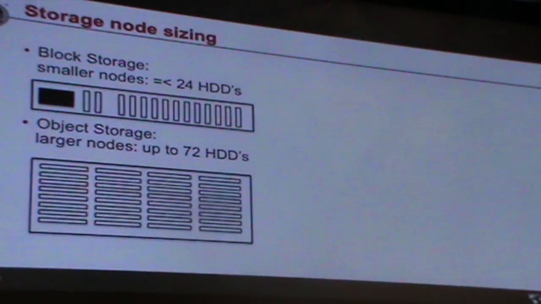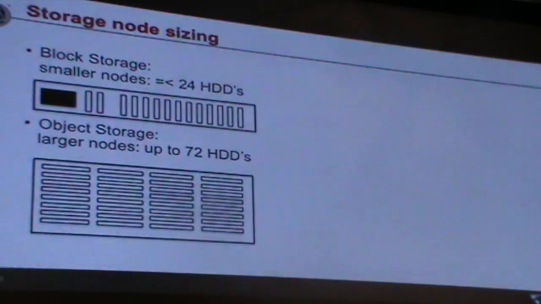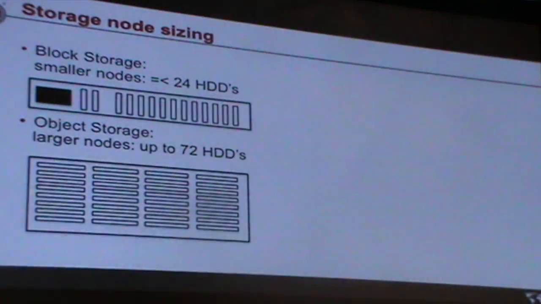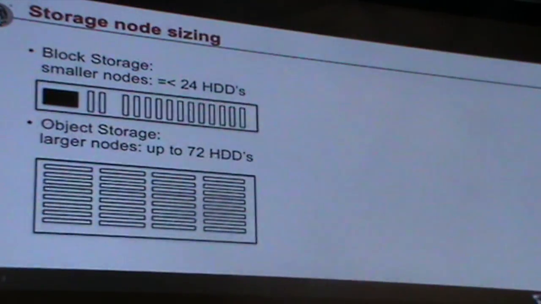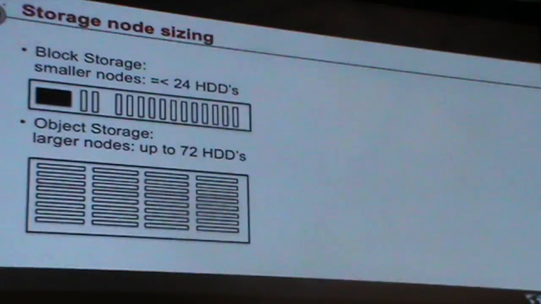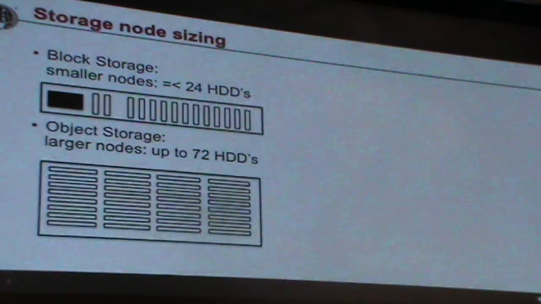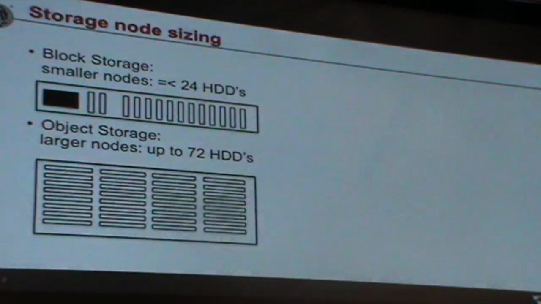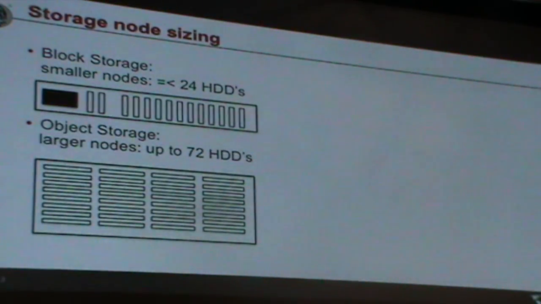If you look at storage node sizing, if you want to do block storage, then you should choose small nodes, with a maximum of 24 hard disks. Don't go above that, because with block storage it will dramatically kill the performance.